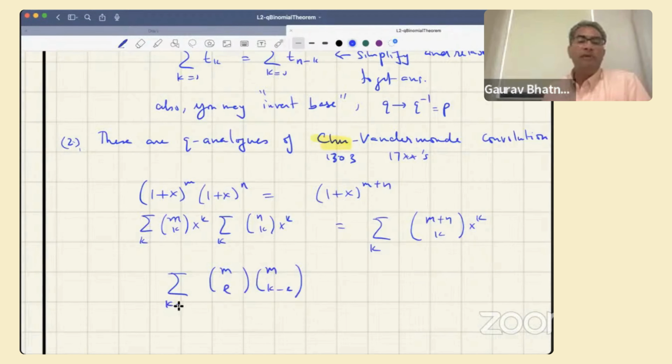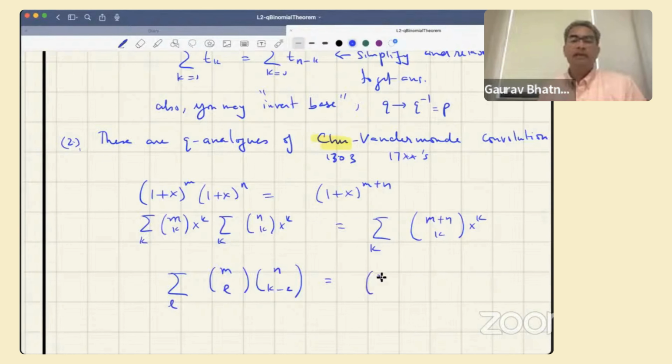So the sum will be on l, to the smaller of these two. So one is m, one is n. You're multiplying these two and then comparing coefficients of x to the k on both sides.